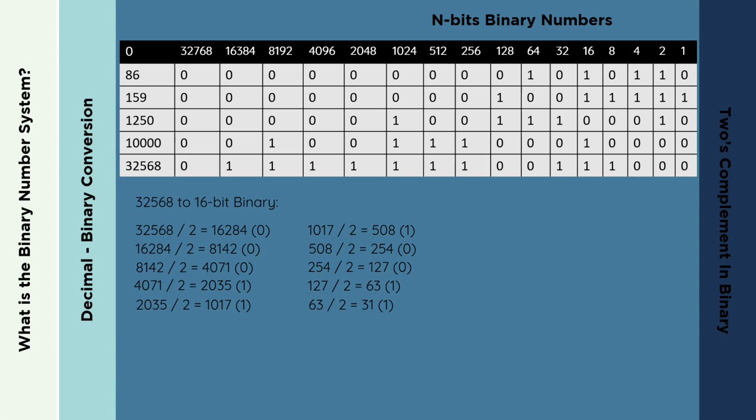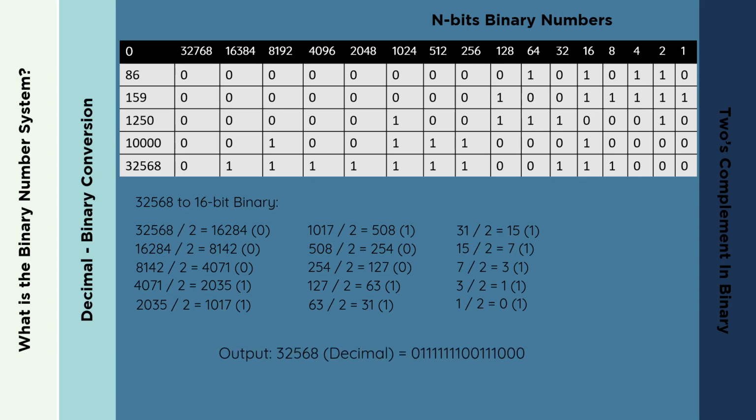And then we have 31 divided by 2 is 15 with the remainder of 1. 15 divided by 2 is 7 with the remainder of 1. 7 divided by 2 is 3 with a remainder of 1 again. 3 divided by 2 is 1 with a remainder of 1. 1 divided by 2 is 0 with a remainder of 1. Thus, the final output is 0, 1, 1, 1, 1, 1, 1, 1, 1, double 0, triple ones, and triple 0, which matches perfectly with our table above.